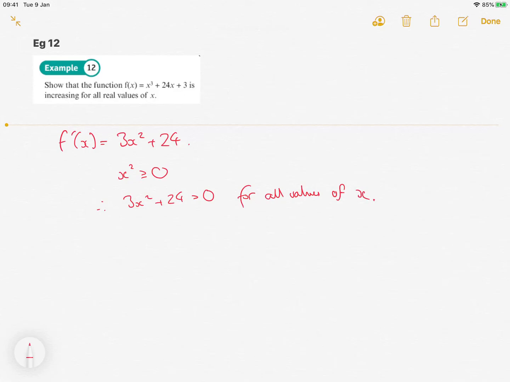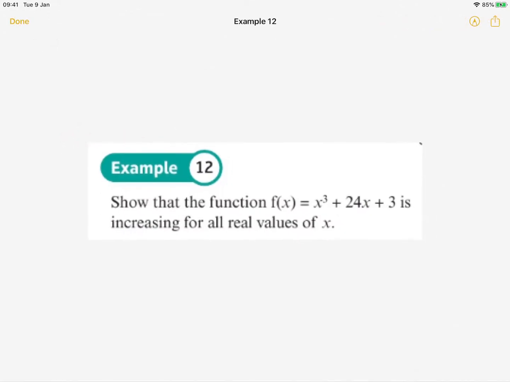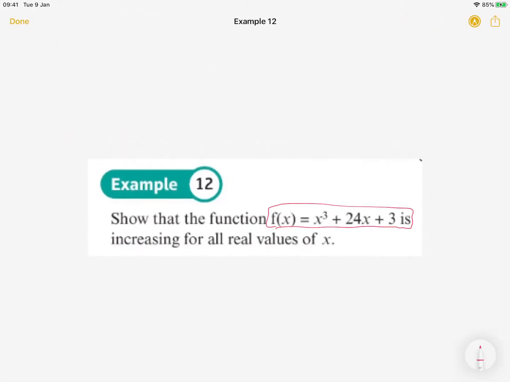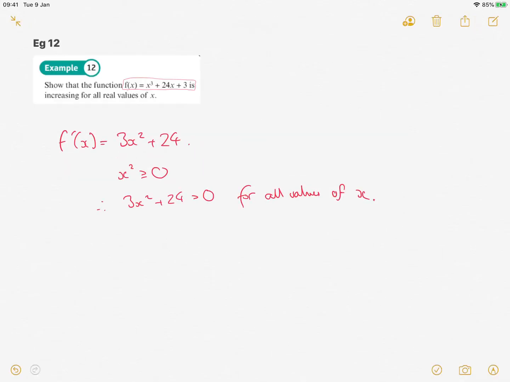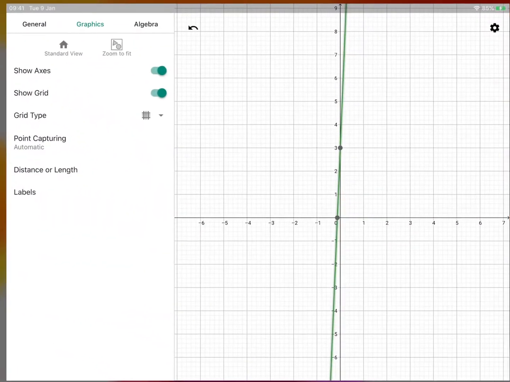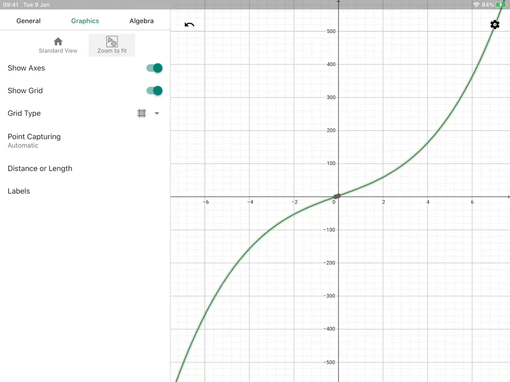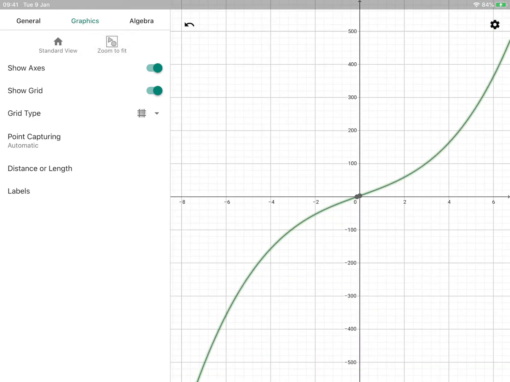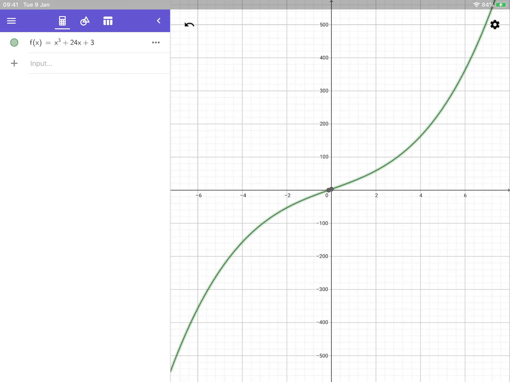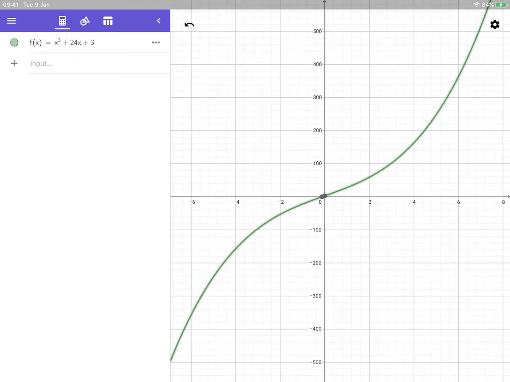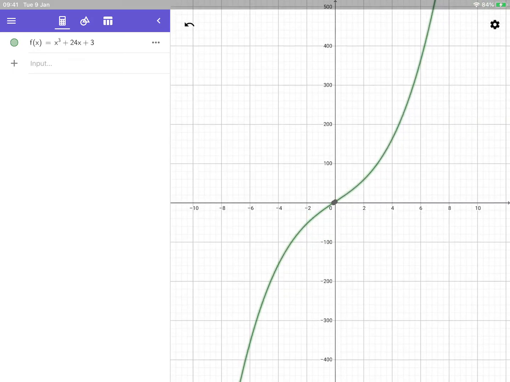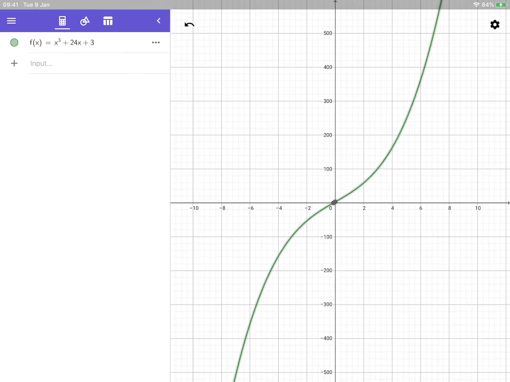Well, I think it's good for you, even before you start this question, to draw this function in your calculator to see what it looks like. It does look a bit strange in your calculator, so I've also drawn it on GeoGebra, and it sort of looks like a straight line in this case, but if I press zoom to fit, it's changed my axes slightly so that it's a bit more clear what it looks like.